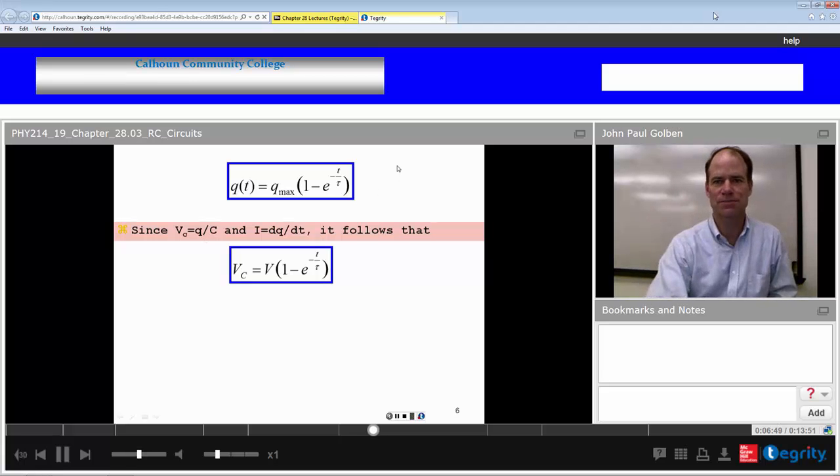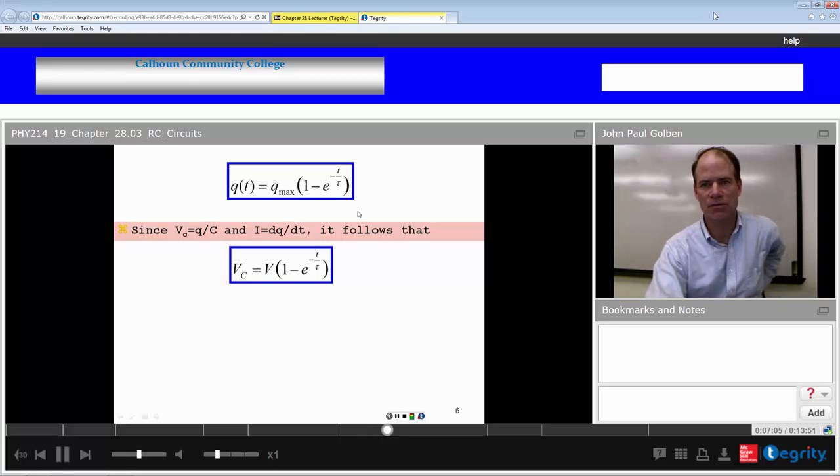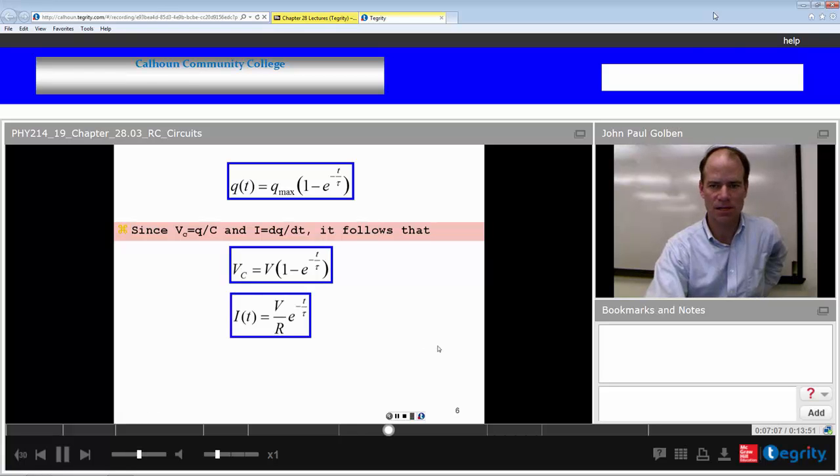At t equal infinity, it's equal to the voltage of the battery. Makes sense. If I take this top equation and differentiate it as a function of time, the constant will be lost because the derivative of a constant is 0. And then I'm going to end up with a negative 1 times a negative 1 over tau, tau being R times C. So I'll end up with the current.